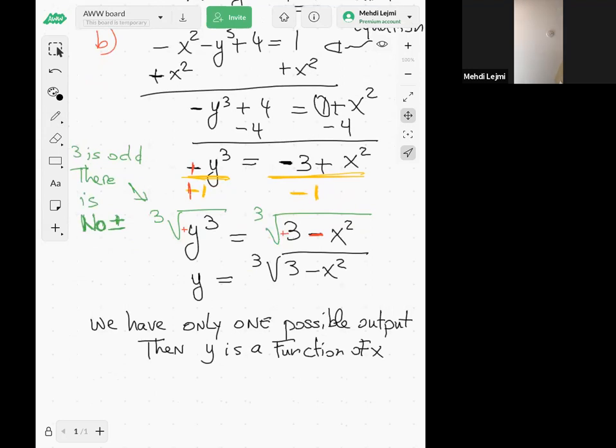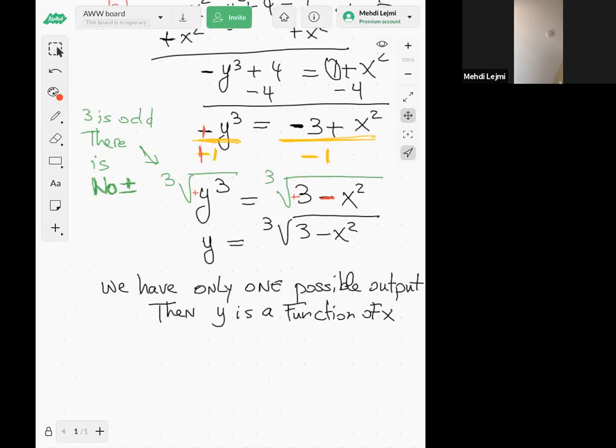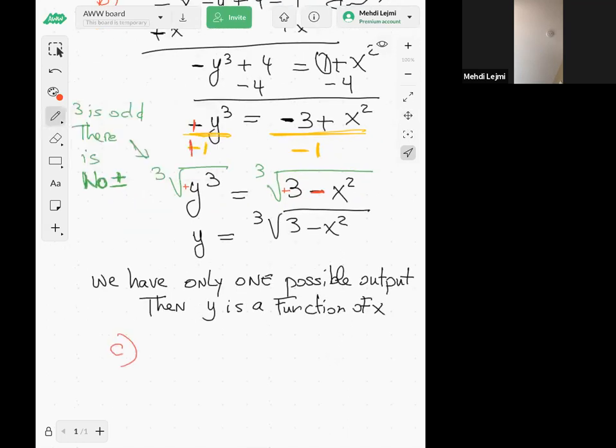For C is kind of tricky because in C we cannot, well, I mean, you can try to solve for y, but let's see what happens in C. So for number C, you have y squared minus 2y minus x equals 2.